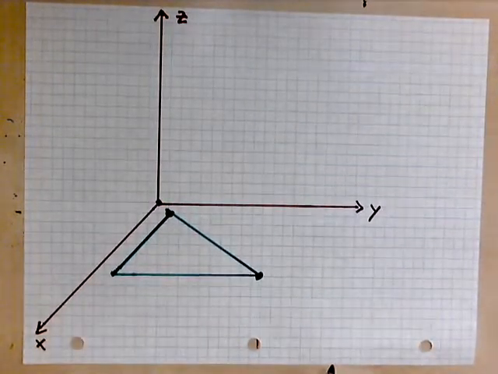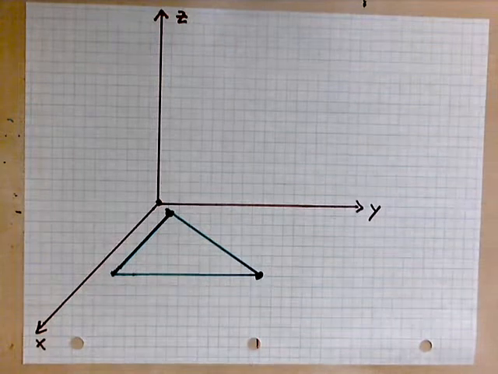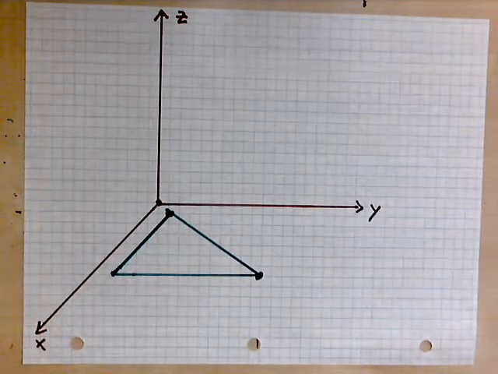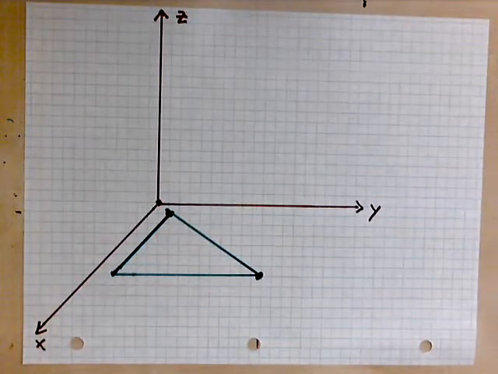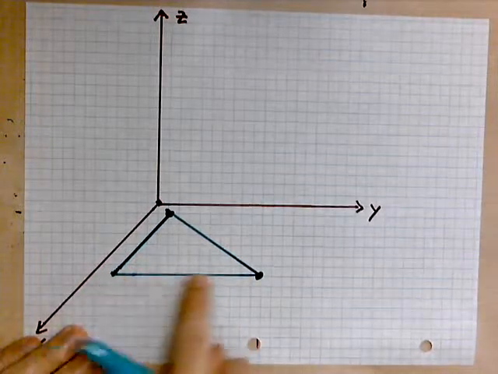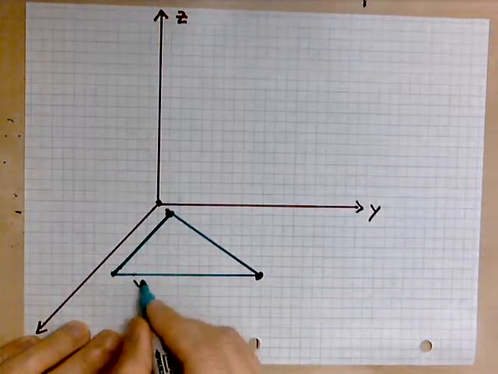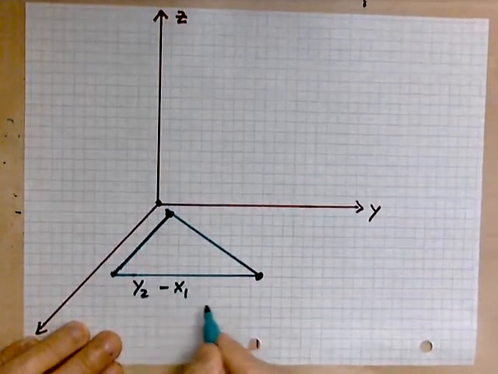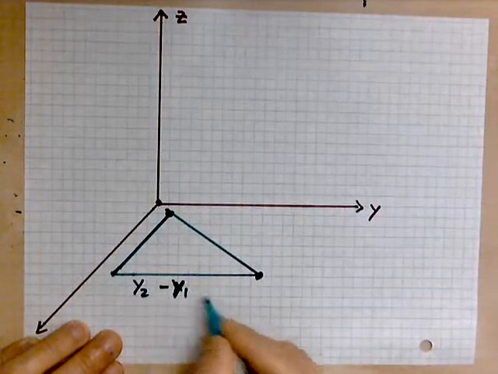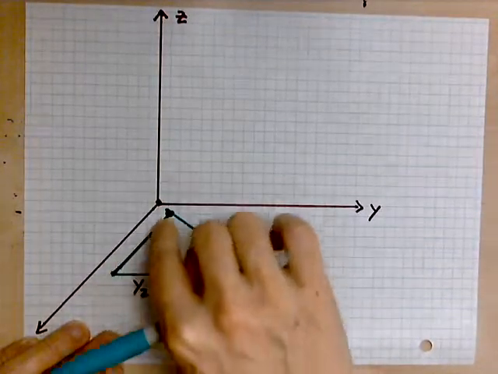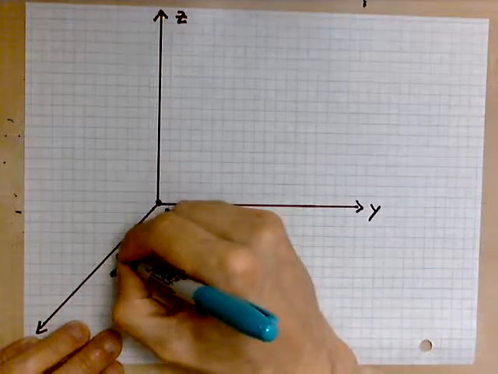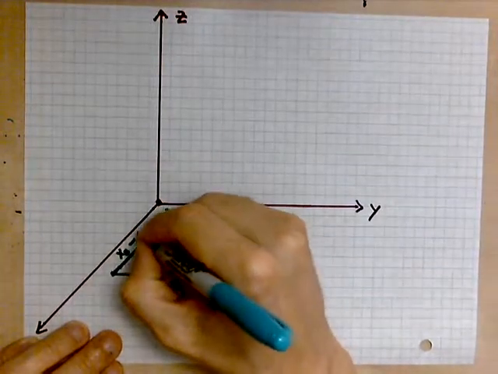Once you do this, then you extend this into 3 dimensions. Once again, you will use the Pythagorean theorem, okay? So this segment here has a length of y2 minus y1. This segment has a length of x2 minus x1.